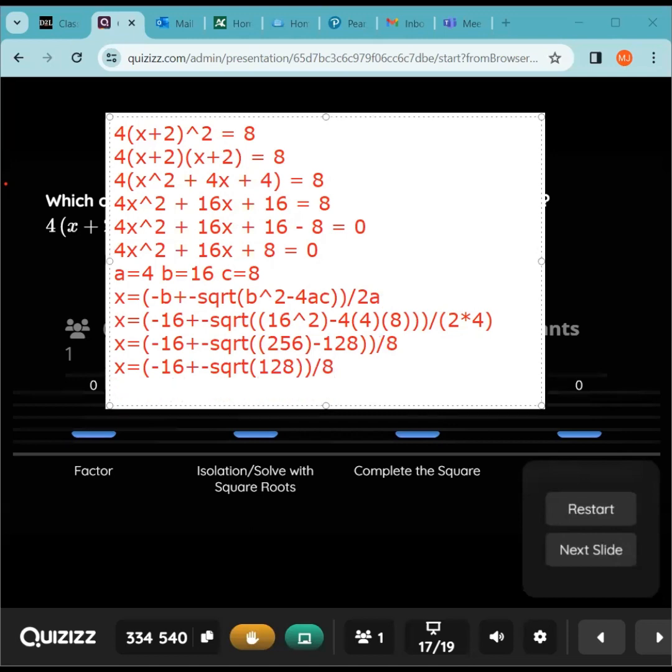And then we do the square root of 128. The square root of 128 is 11.31.